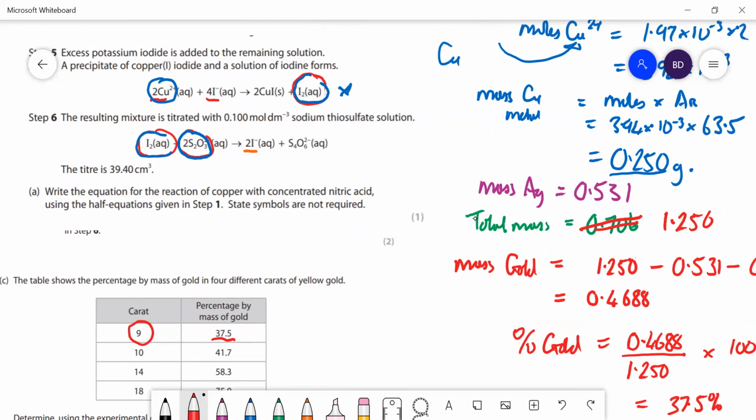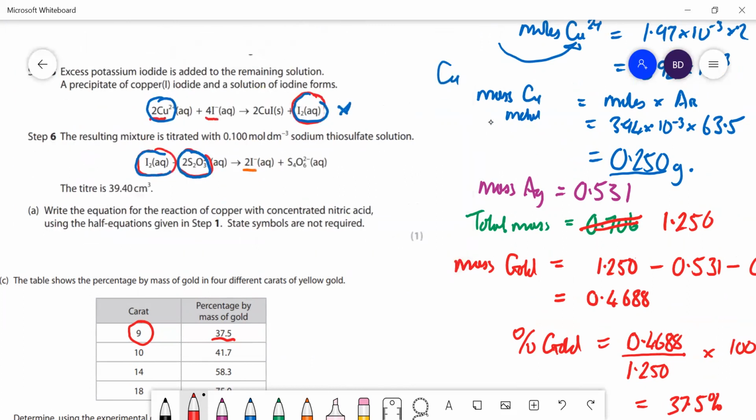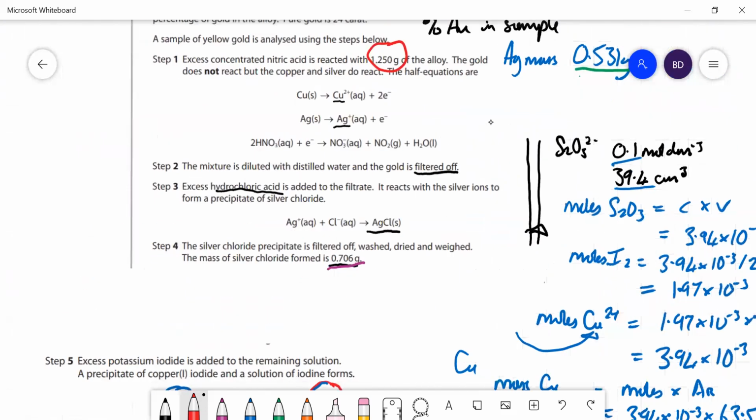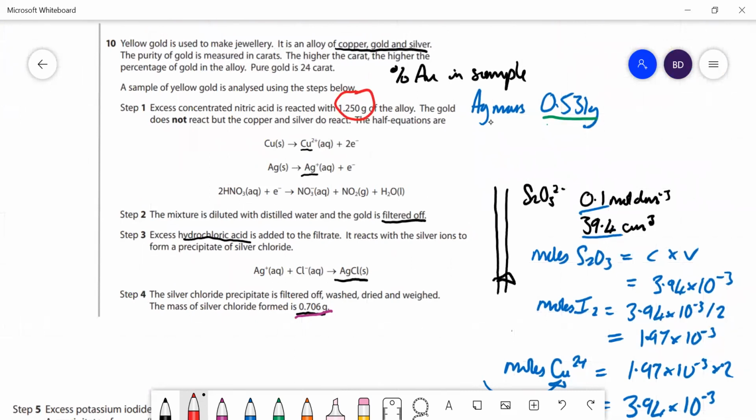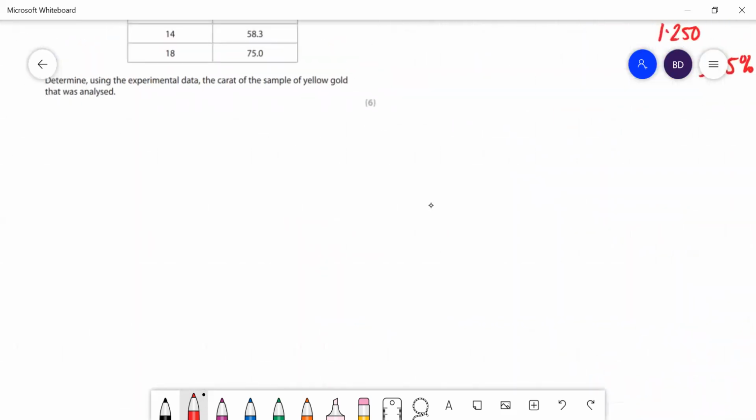Okay, now let's go to step 1. So here's our half equations. I'll just cut and paste those. Right, put them in there.